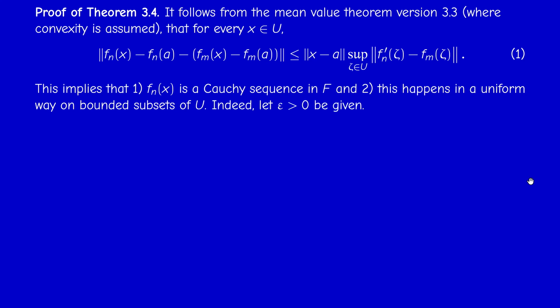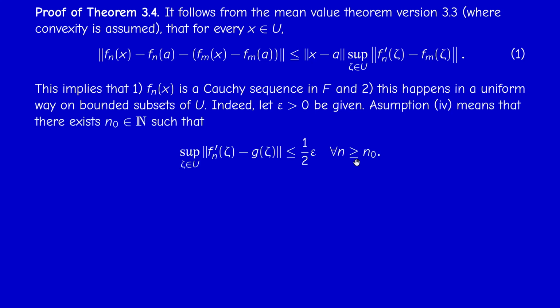How do I prove that this is a Cauchy sequence? I take an arbitrary positive number, epsilon, and I use assumption 4, which tells me that Fn prime converges uniformly to the limit G. This precisely means that the distance between Fn prime zeta and G of zeta can be made less than any positive number I like.